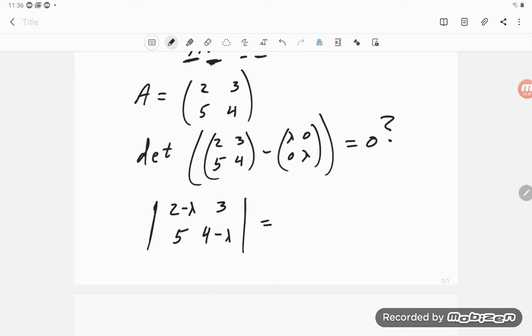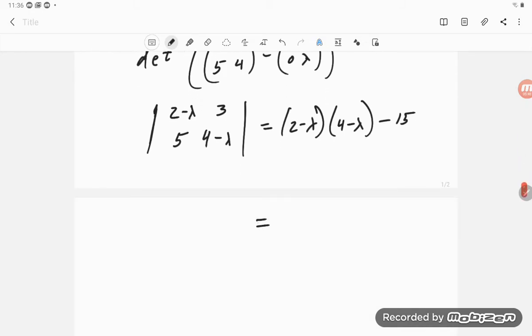I calculate that determinant with 2 minus lambda times 4 minus lambda and then minus 15. And so notice what happens when I do this. I get a polynomial. Because that's just a constant, I'm going to get a quadratic polynomial.